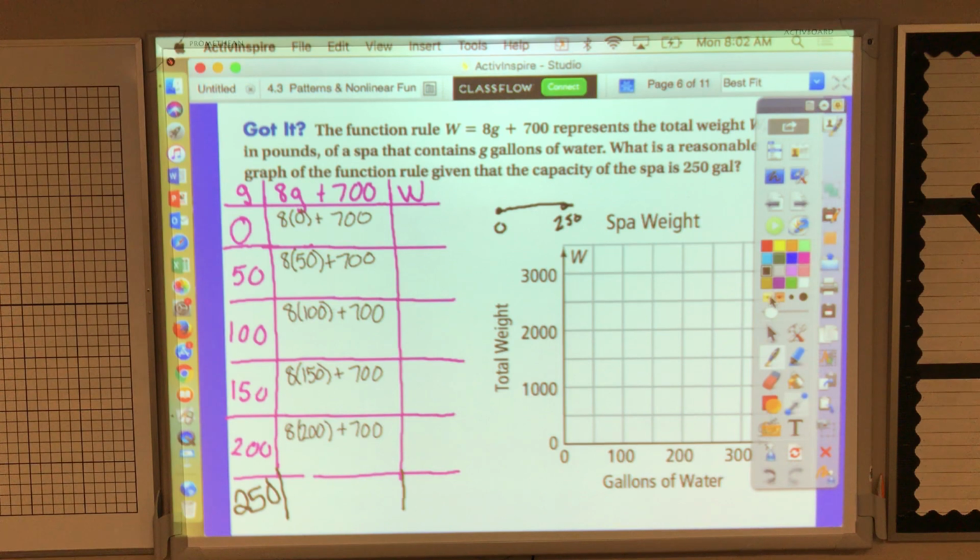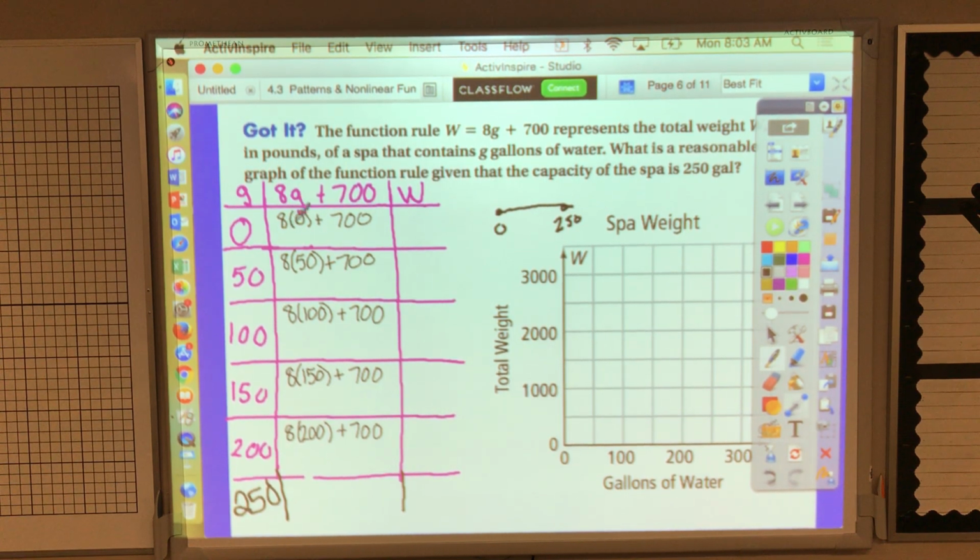Okay, so let's do our work. Again, showing my work in this middle column, so substitute in 0. 8 times 0, 0, plus 700 gives me 700, which means the spa was starting with a weight of 700 pounds.